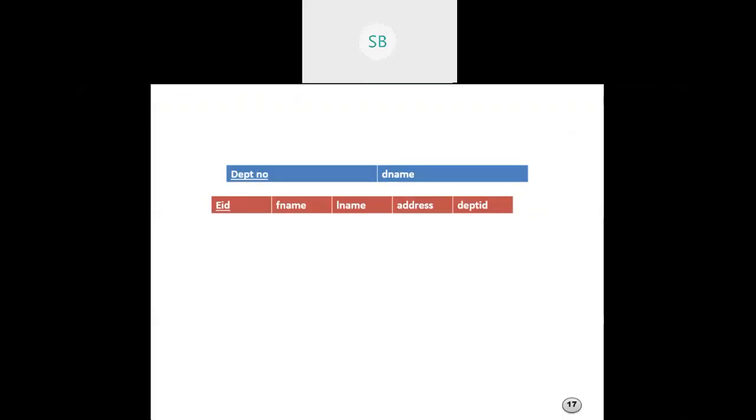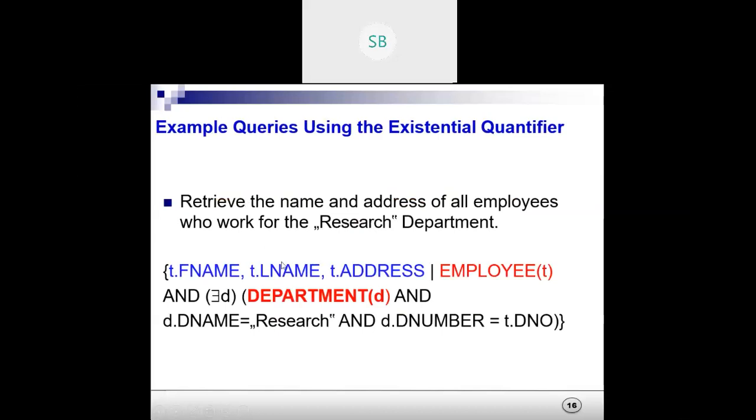So this is the table we have just drawn, right? When someone wants to find in which department the employee is working, the name of the department, he needs to refer to the department table.